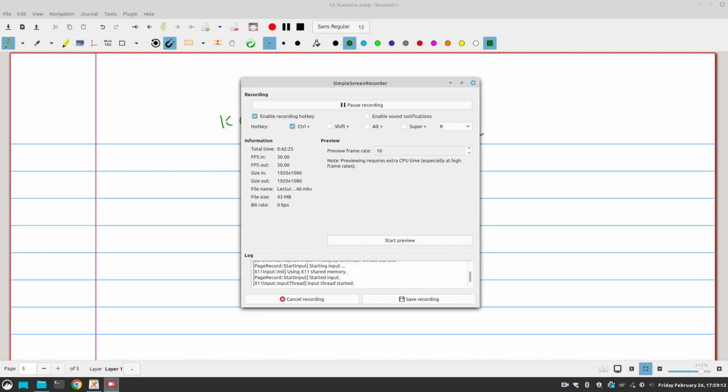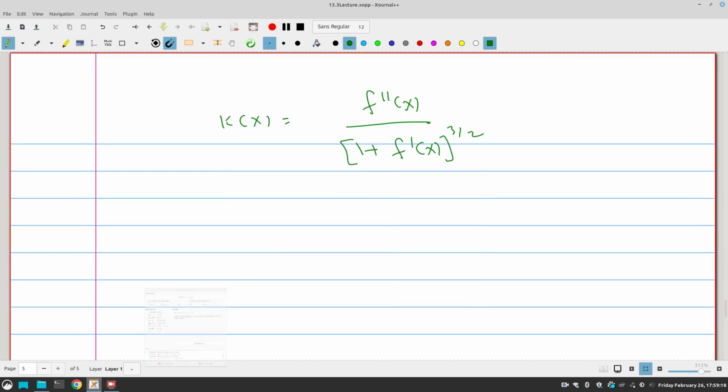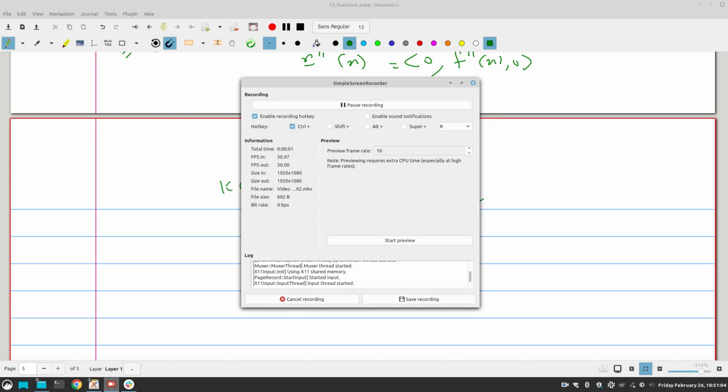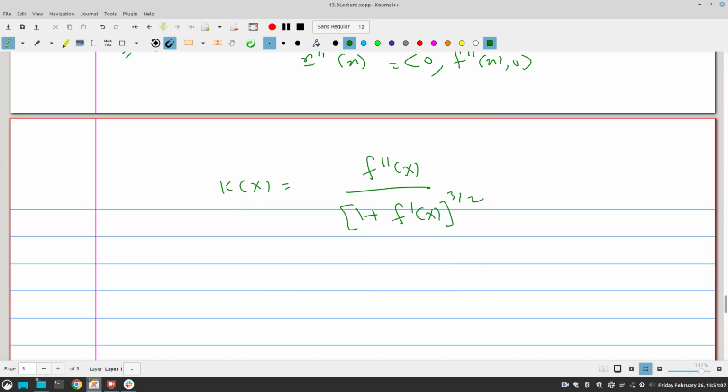So the normal vector is defined as the derivative of the tangent vector. Recall that the dot product of a vector of constant magnitude and its derivative is 0.